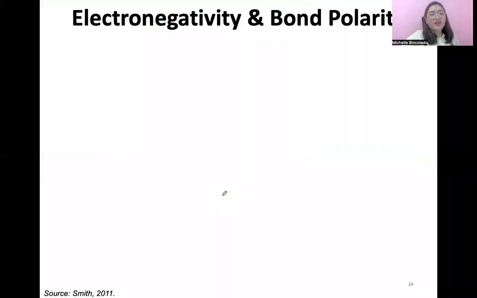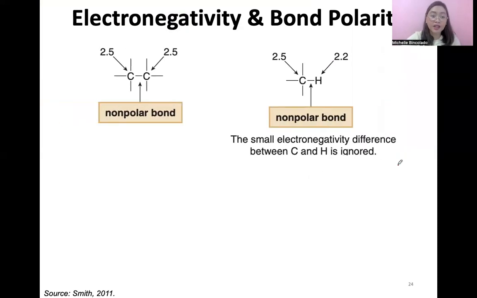Okay, next, this is about electronegativity and bond polarity. Ito, guys, ay introduction para doon sa last part ng chapter na to, which is about inductive and resonance effects. Maybe you have heard them a number of times already sa organic lecture ninyo. So let's just recall electronegativity, guys, and bond polarity.